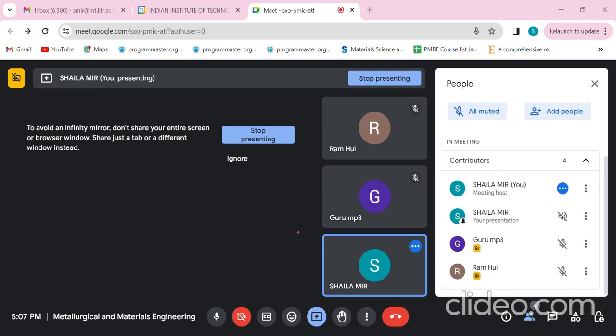Sorry, you have a possibility of changing three variables because the degree of freedom is 3 and the phase is 1. So you can change three variables and you will still have the same phase. This gives you an idea of how many parameters you can control when you are running any metallurgical operation.